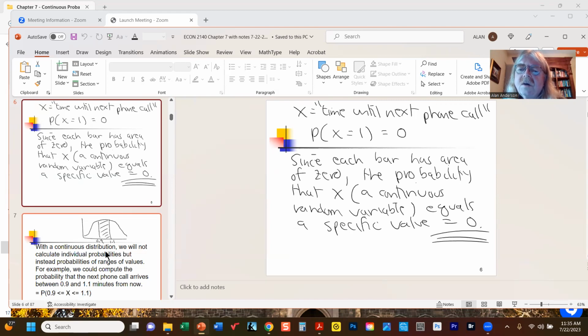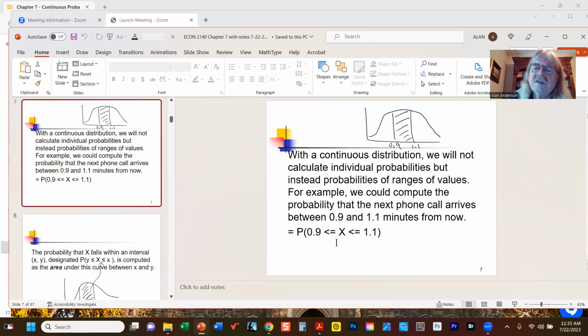Okay, so in other words, what we have to do instead is calculate ranges of probabilities. So instead of asking the probability that the next phone call arrives in, let's say, a minute, what we could do instead is say something like this: what's the probability that the next phone call comes between 0.9 and 1.1 minutes? This is perfectly valid.